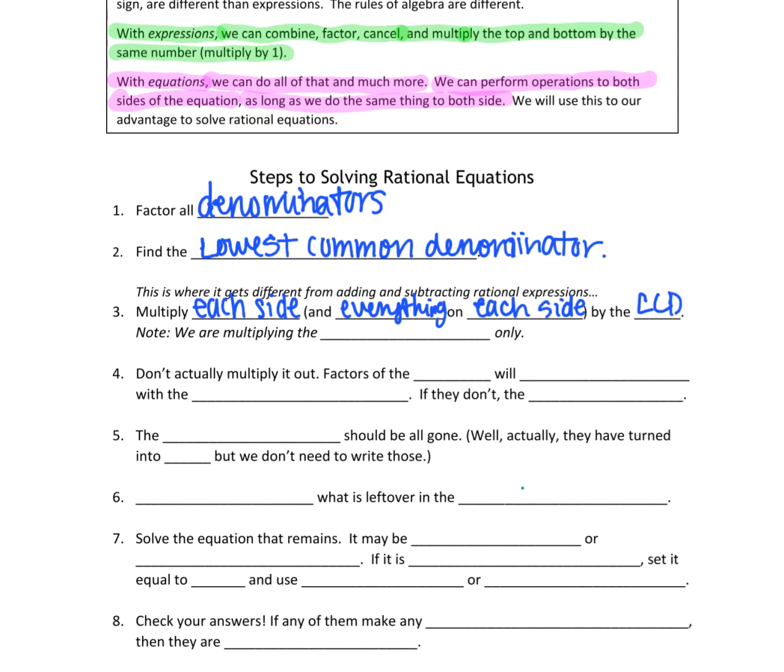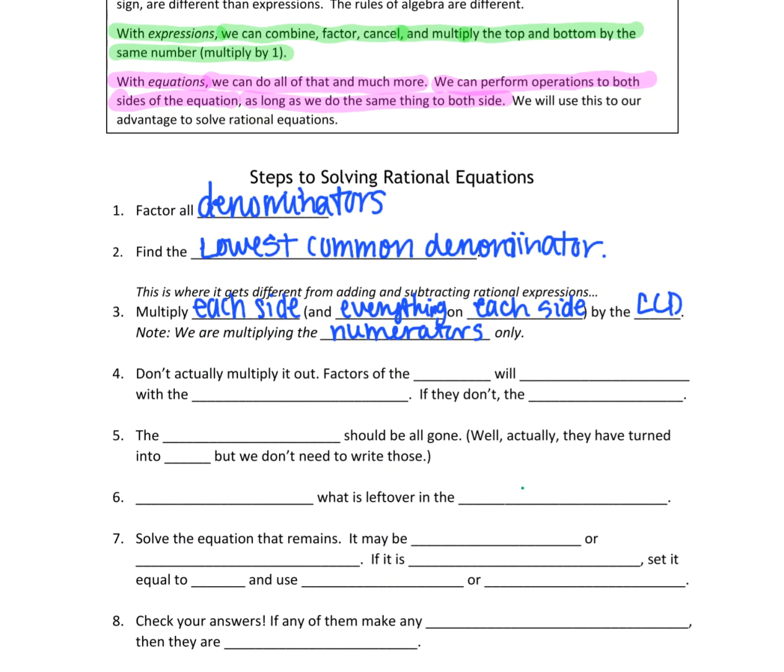Okay, now when you're multiplying, we're not multiplying the top and the bottom like we did before. We are multiplying the numerators only, the top. Okay? You're not actually going to multiply everything out. The whole goal is to have the denominators disappear.